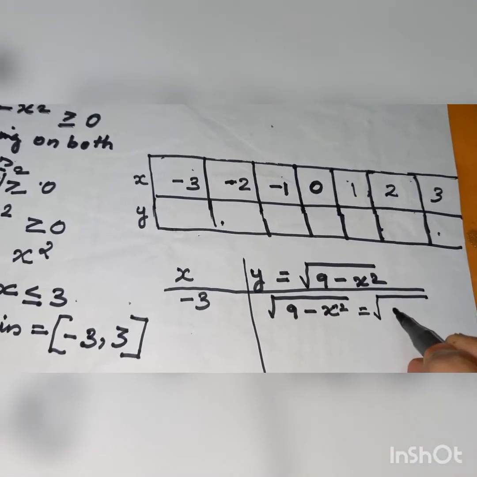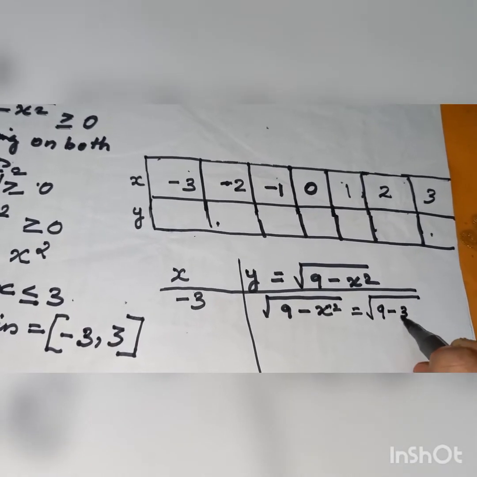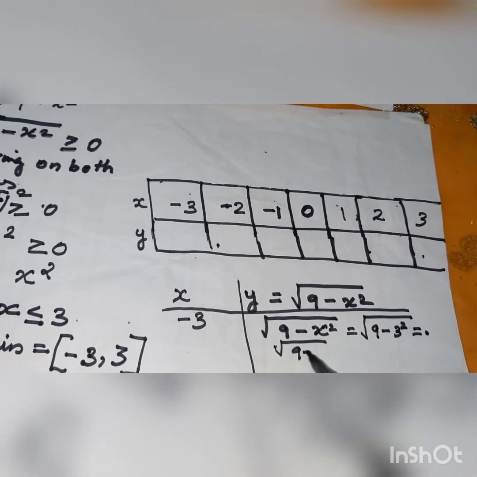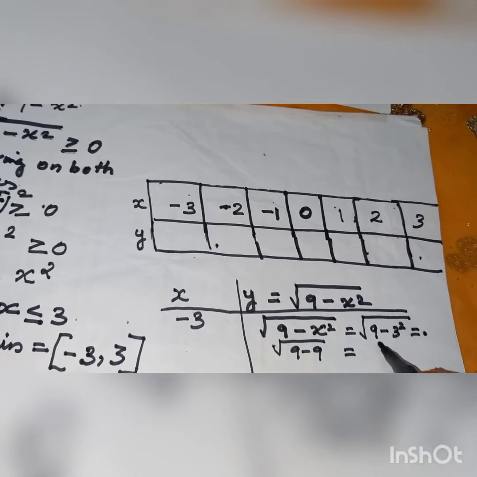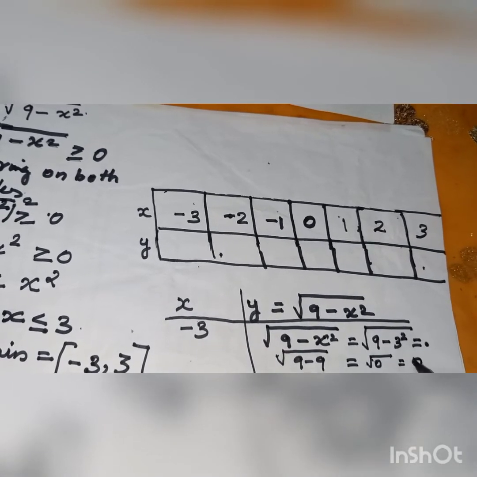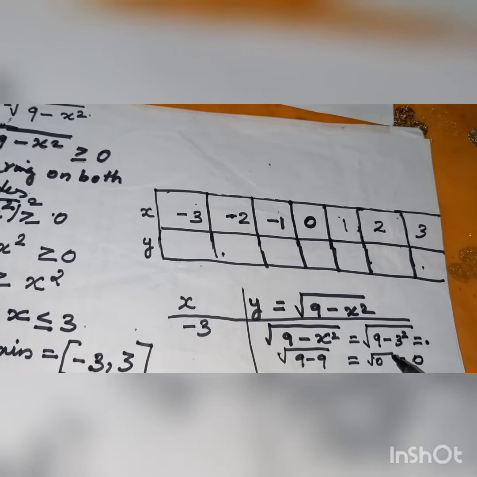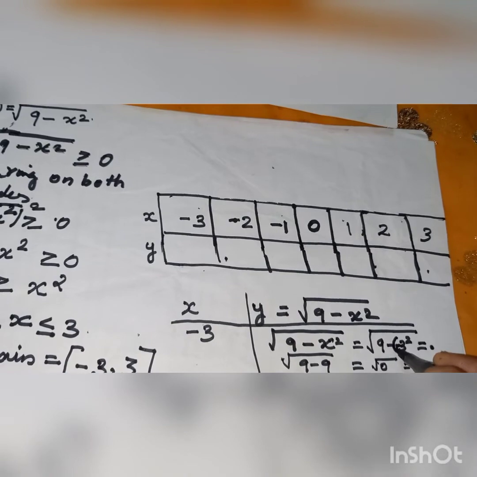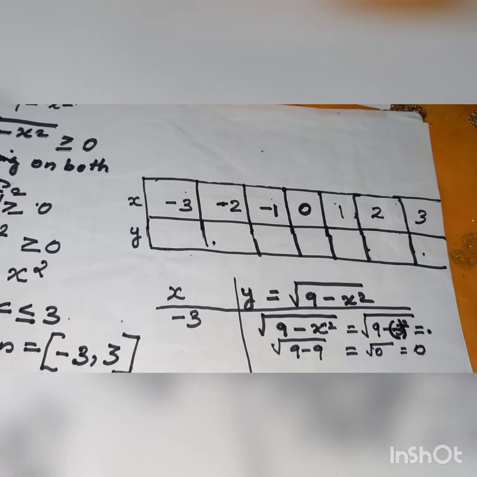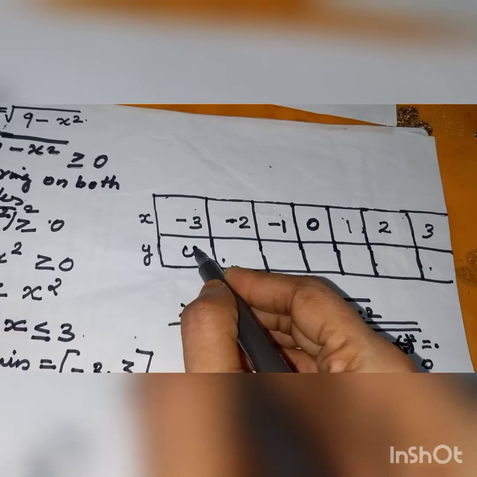Root of 9 minus 3 square is equal to root of 9 minus 9, which is equal to root of 0. Root of 0 means 0 only. So the first value we get is 0.